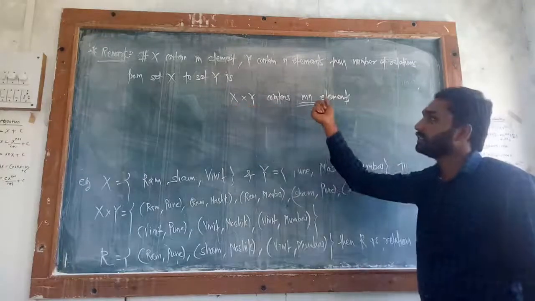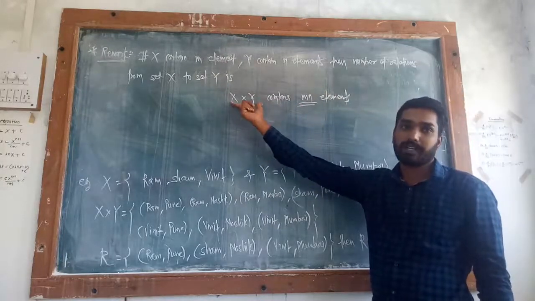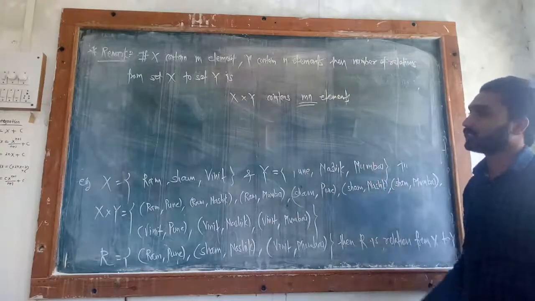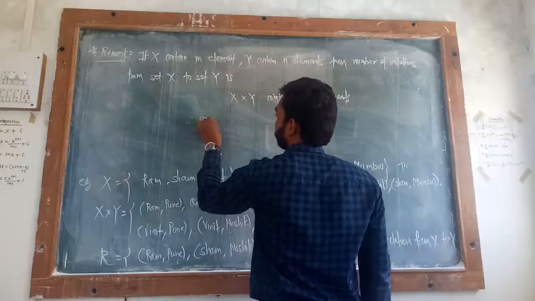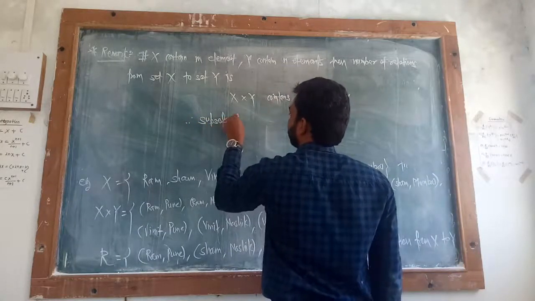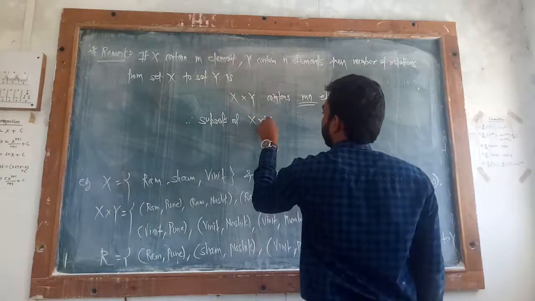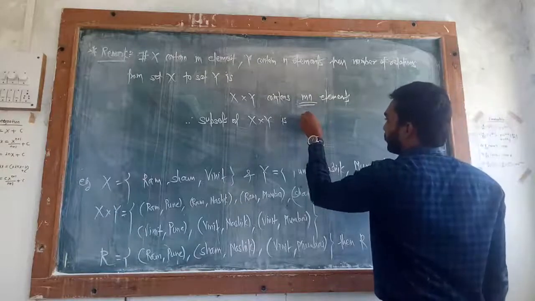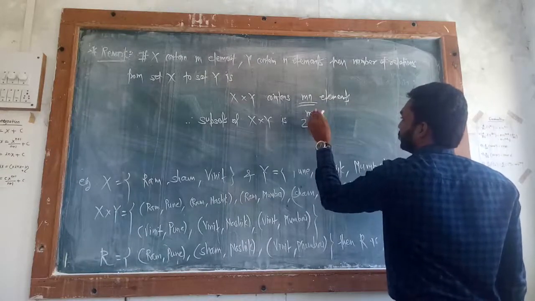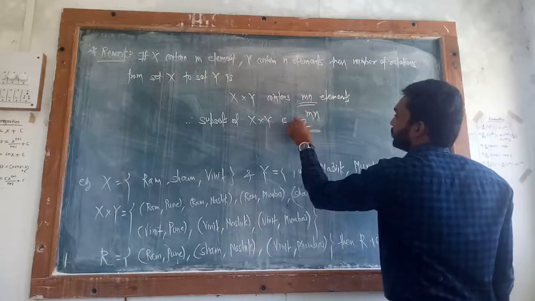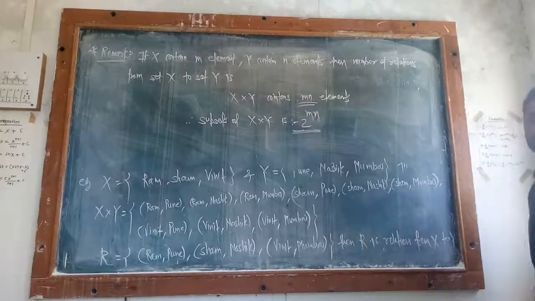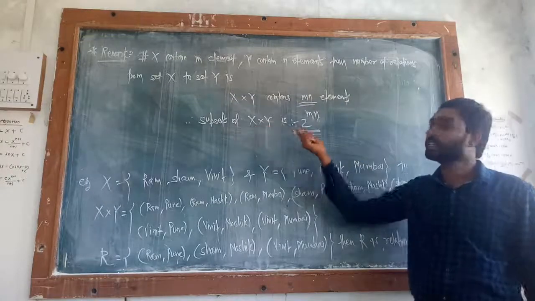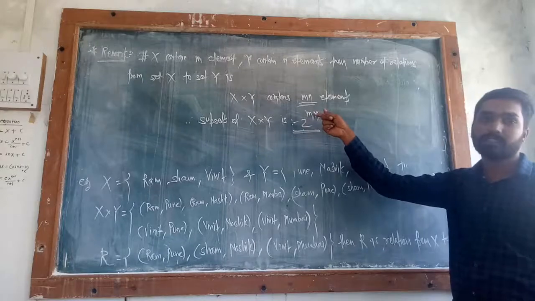A relation is any subset of X cross Y, so we have to take all subsets of X cross Y. How many subsets of X cross Y? That is 2 raised to mn subsets. That is the power set of X cross Y, which contains 2 raised to mn elements.